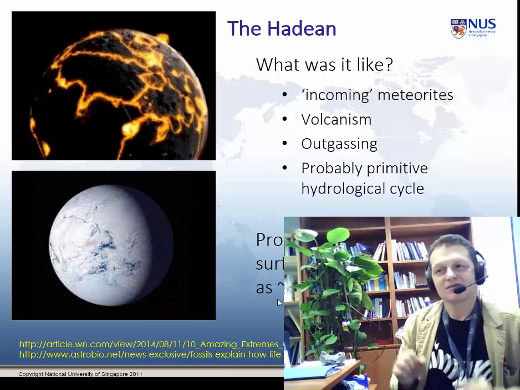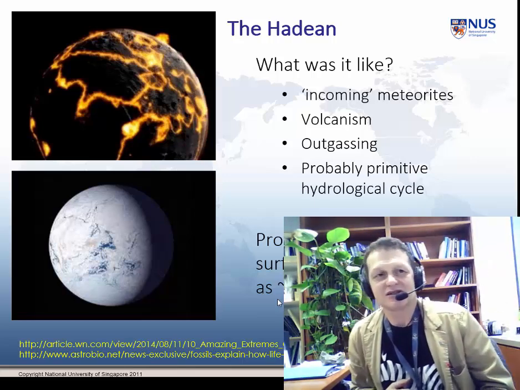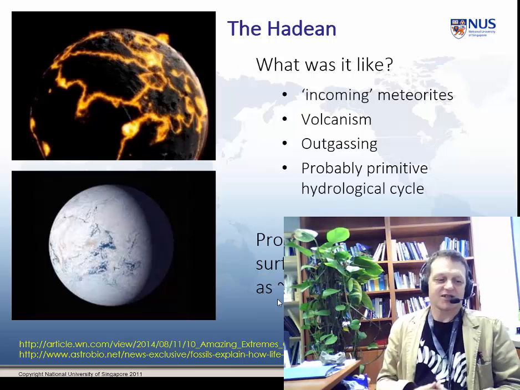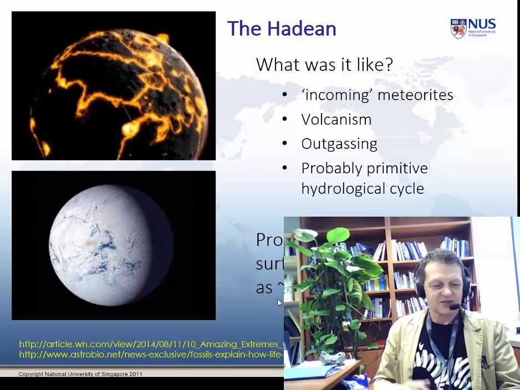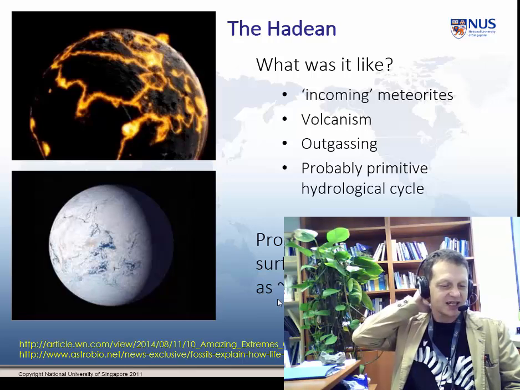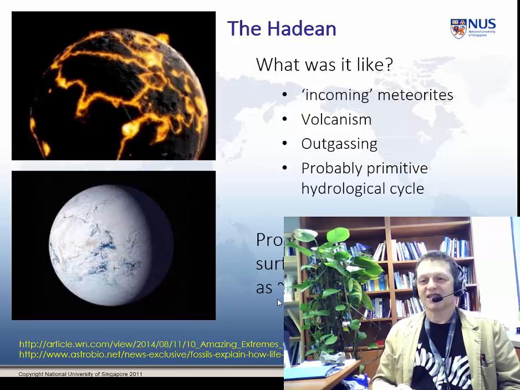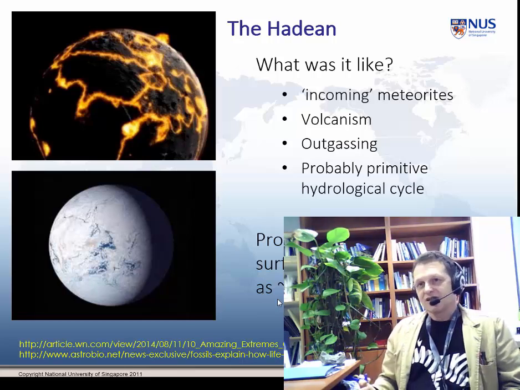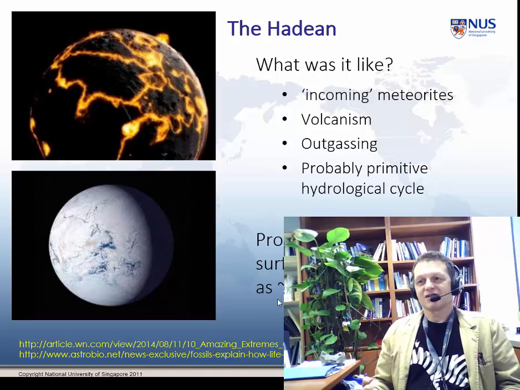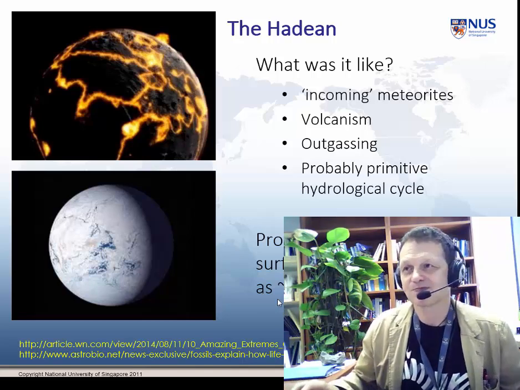So, yeah, it was interesting times, as both the Scottish and Chinese expressions would say, and we can't know exactly, but fossil evidence, in this case isotope and mineralogical evidence, tells us that there was lots going on.